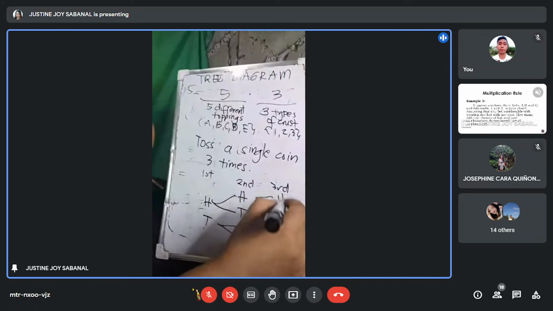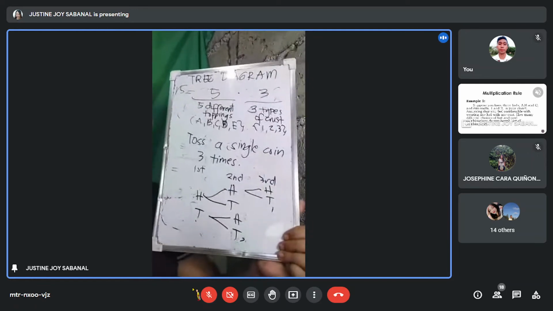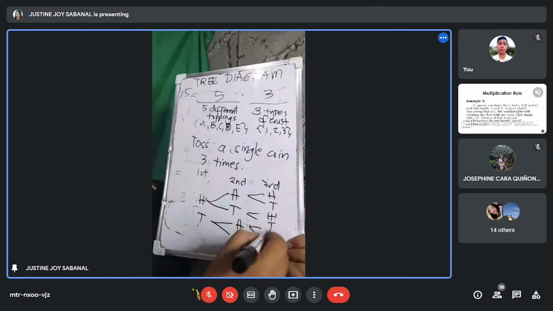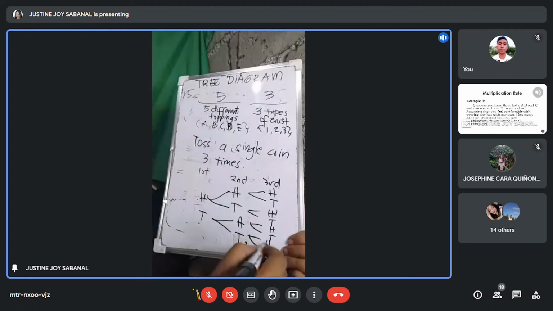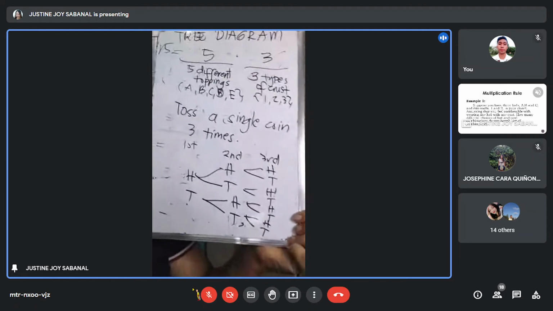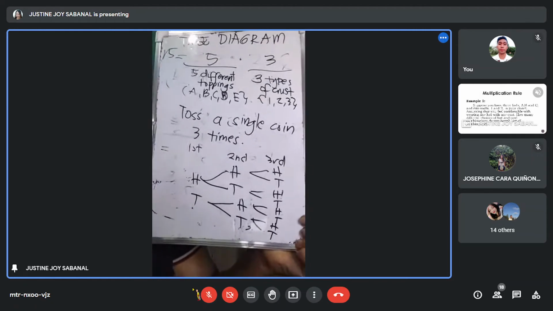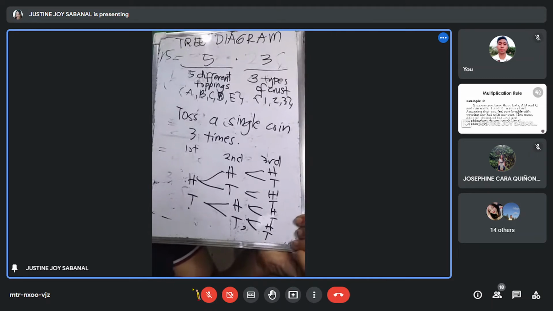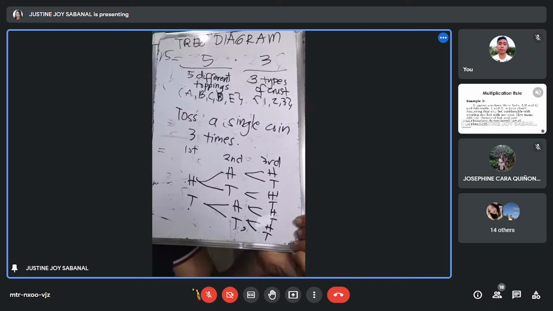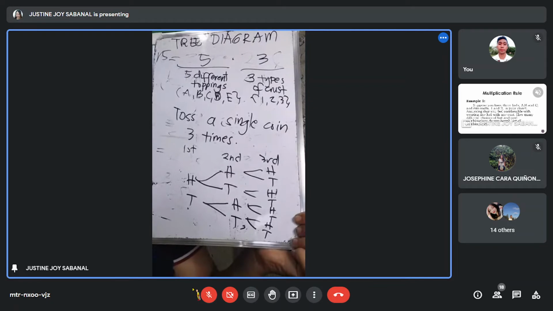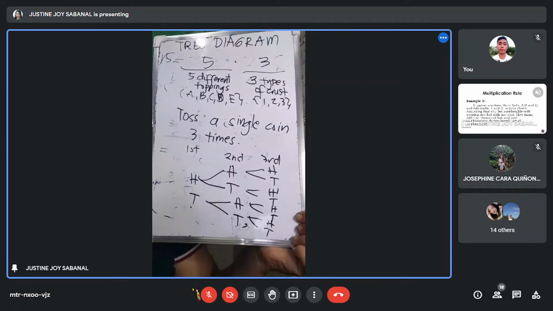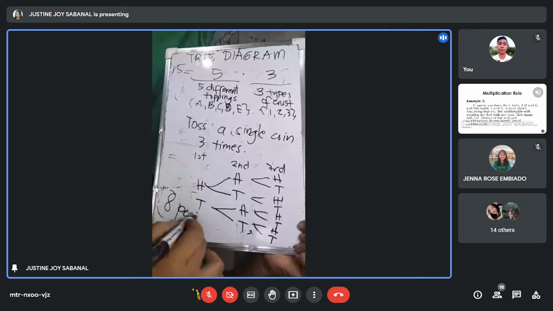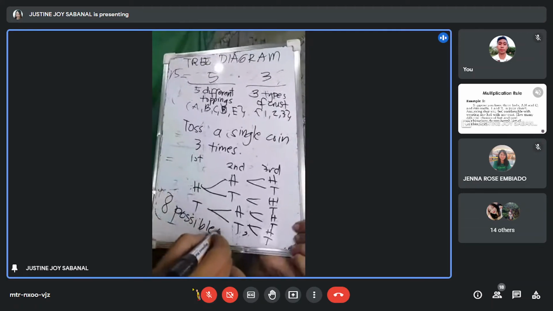So, pwedeng magkaroon ka ng option such as head or tail, and so on. Ayan po. So, base sa ating 3 diagram, ilan yung possible result natin? Eight po. Okay. Thank you. So, we have 8 possible outcomes.